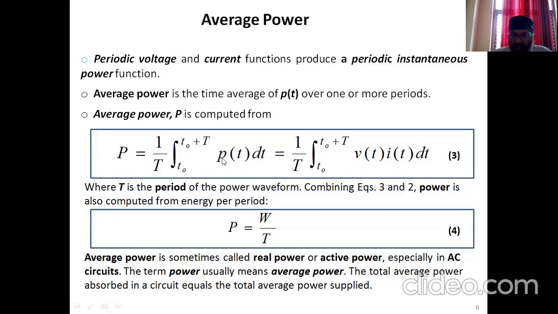Integrate means sum it. So sum all the power values at each instant dt, starting from here to here, and then take an average by dividing by the total time period, which is one complete cycle, for example.